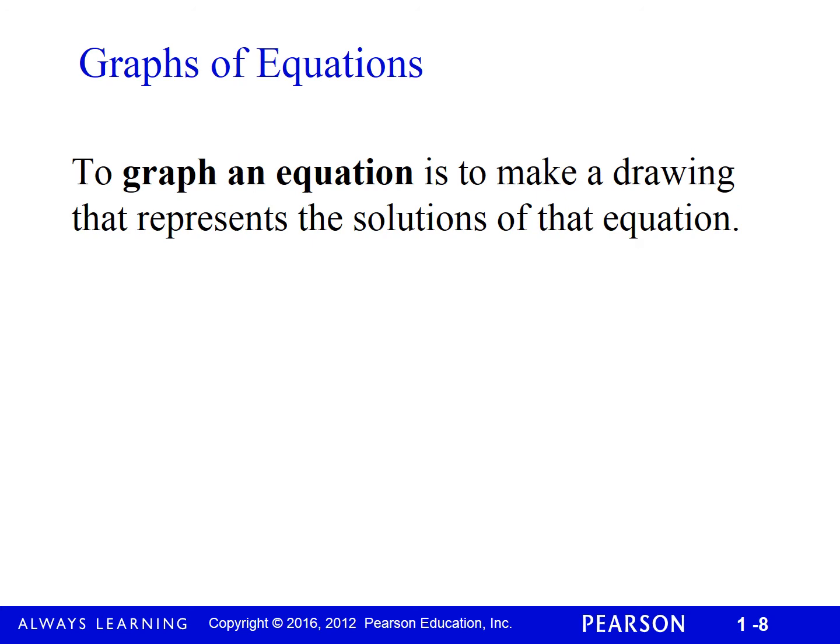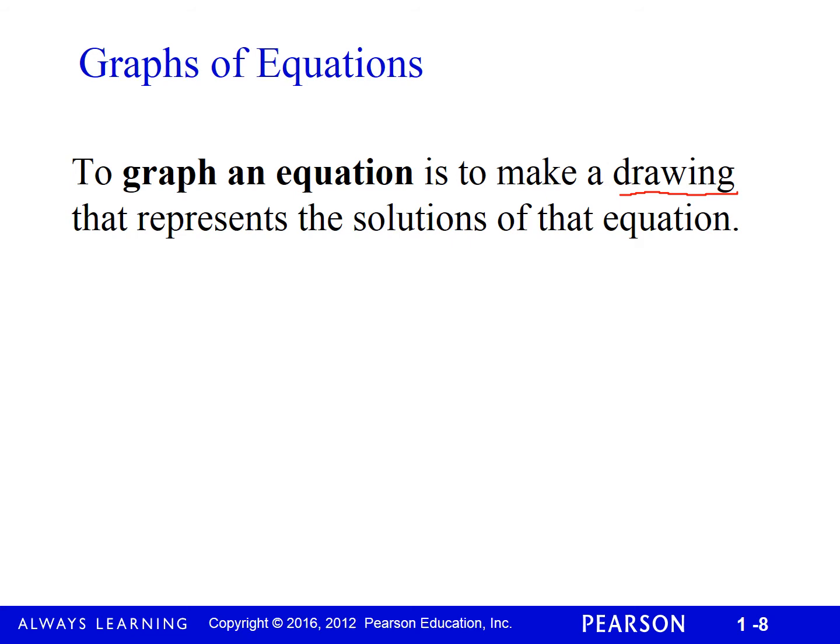Now, here is an interesting definition-ish about graphing an equation, or the graph of an equation. To graph an equation is to make a drawing that represents the solutions of that equation. Well, I appreciate that Bittinger is at least saying what everyone else is thinking when he puts it this way.